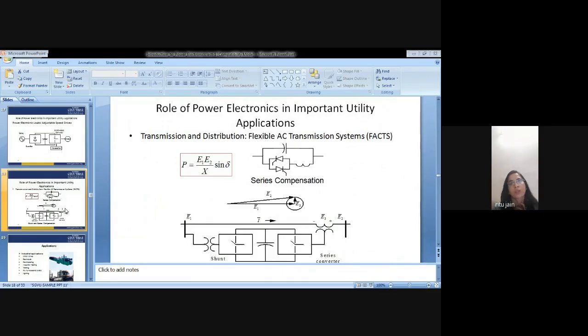You can say the flexible AC transmission system, in which there are n number of FACTS devices. By using those FACTS devices, you can easily control your transmission system, you can easily control the quality of electrical energy, and you can also reduce the cost of electrical energy.